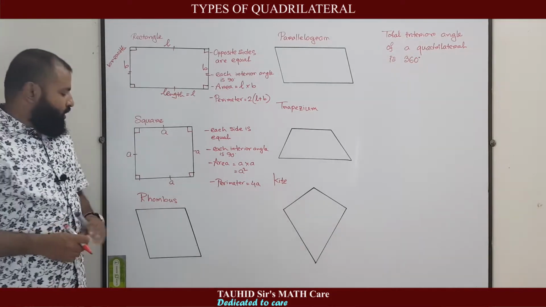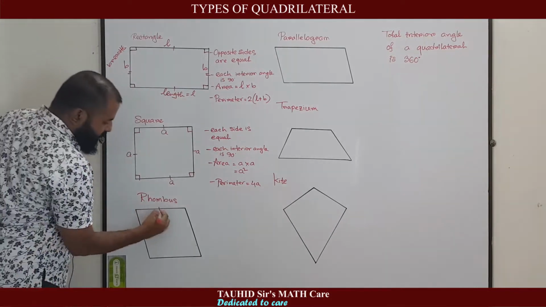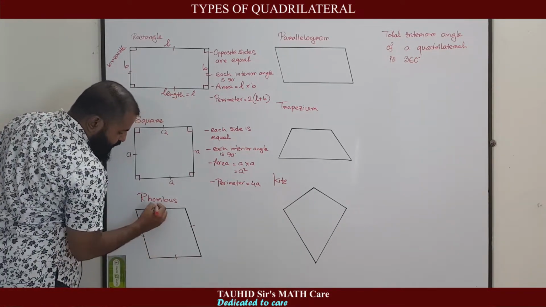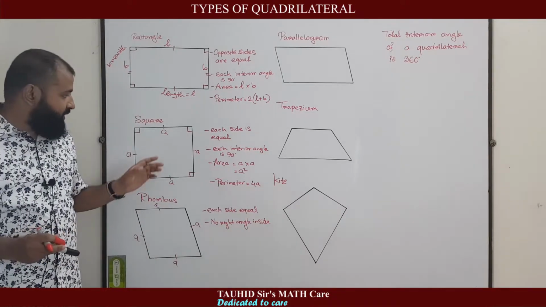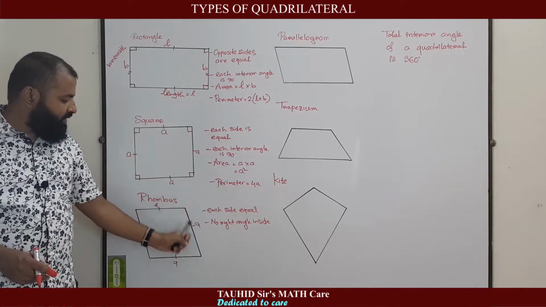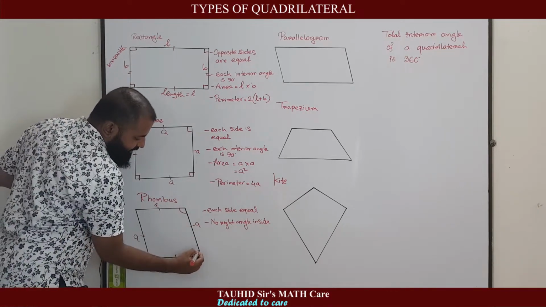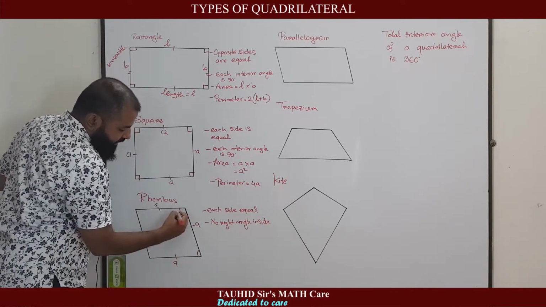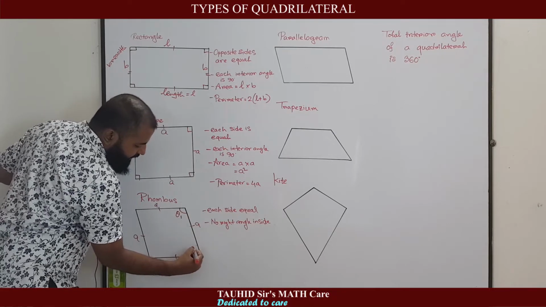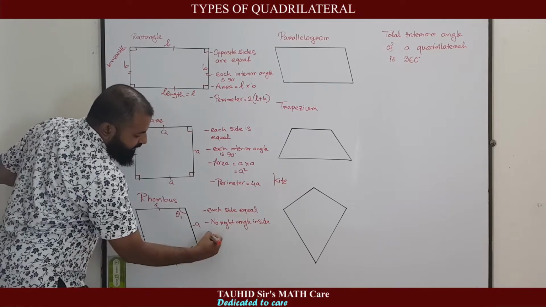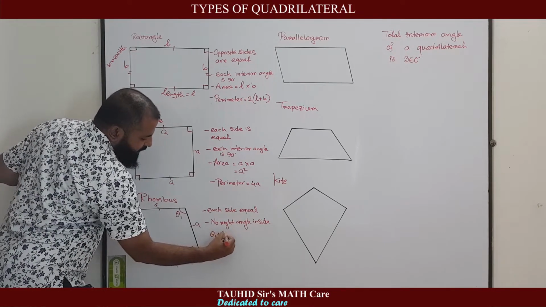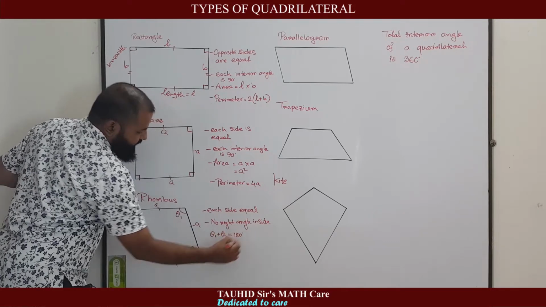Now let's talk about rhombus. All sides of a rhombus are equal, but the difference with square is no interior angle is 90 degrees. But there is a fact that this angle and this angle are supplementary. If we call this angle theta 1 and this angle theta 2, theta 1 plus theta 2 equals 180 degrees.